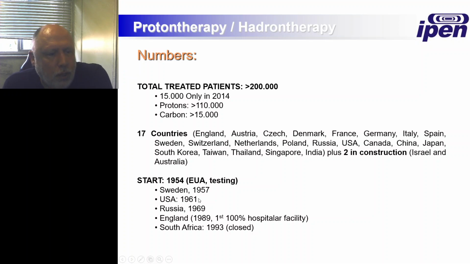United States could do that in 1961, Russia in 69, and England in 1989. It's an important thing. It was the first time they built one facility just for that. In the other cases they were using accelerators in research facilities to do that.